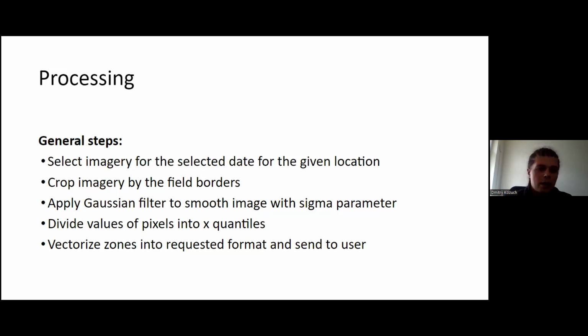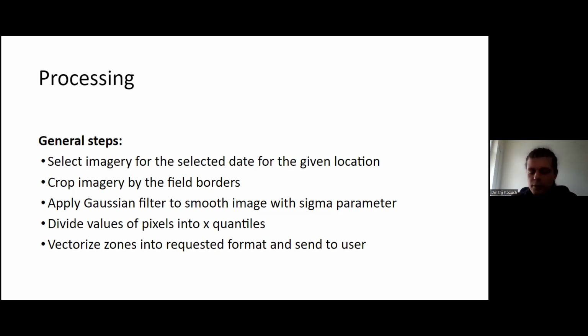Then we apply the smoothing filter to remove noise, and the user can set the standard deviation of the kernel of this Gaussian filter. Then we divide values into the number of quantiles the user wants, vectorize the zones to the requested format, and send them to the user. This is the process for each field.